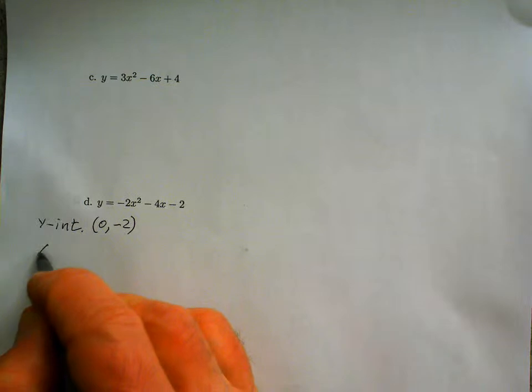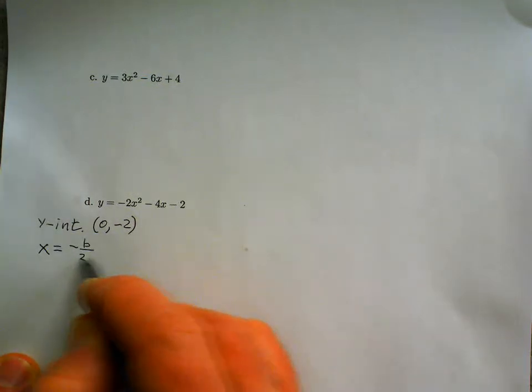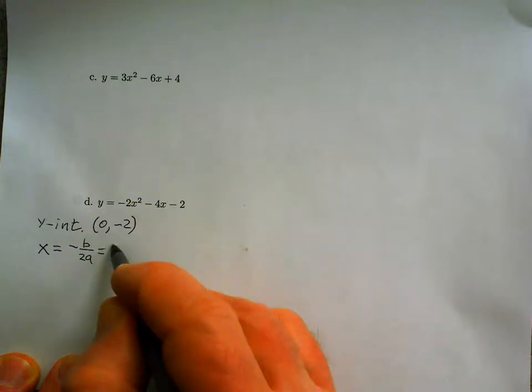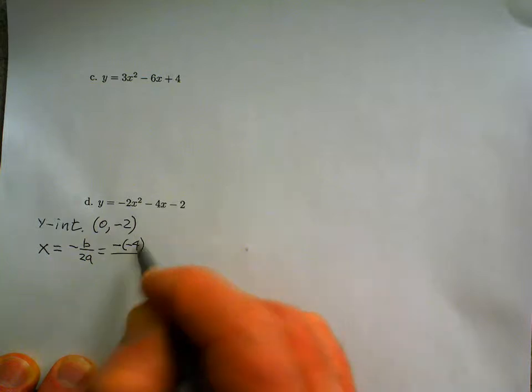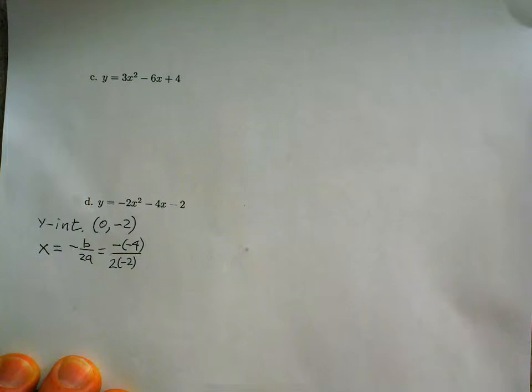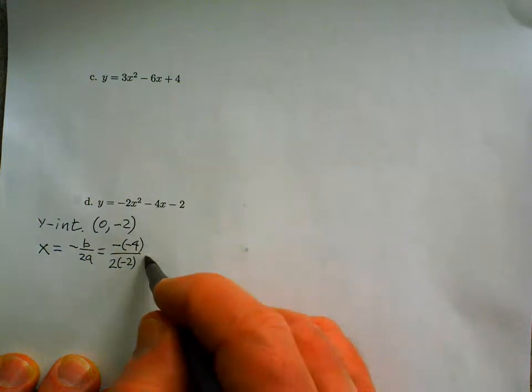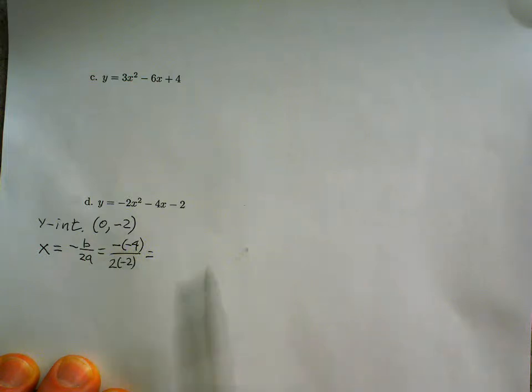The x-coordinate of the vertex, -b/2a. So this is the negative of -4 over 2 times -2. So this simplifies to +1 because -1.